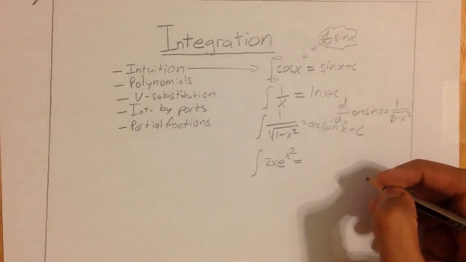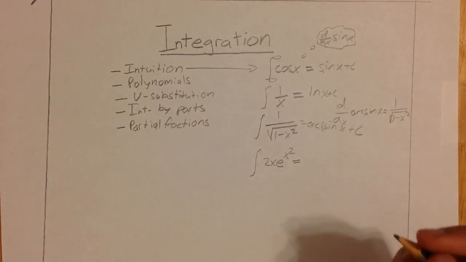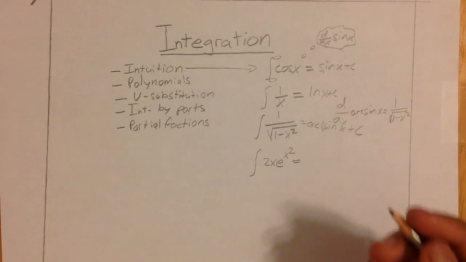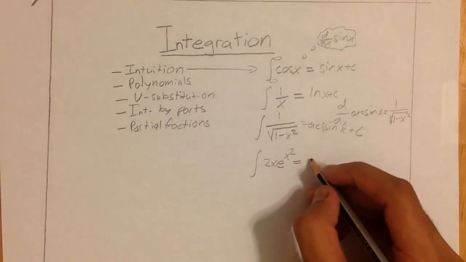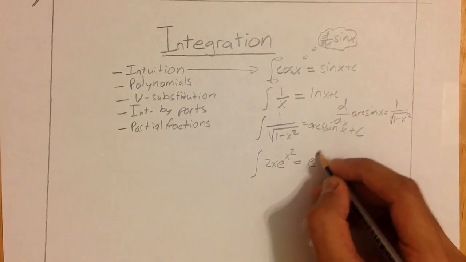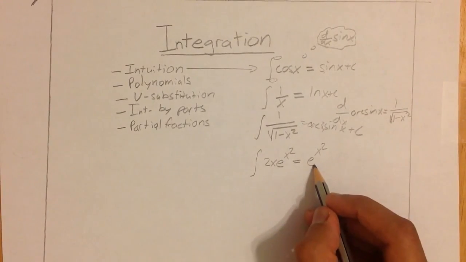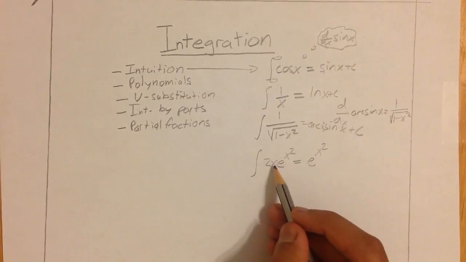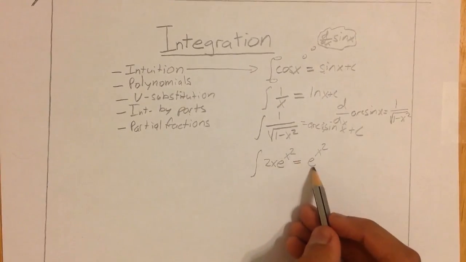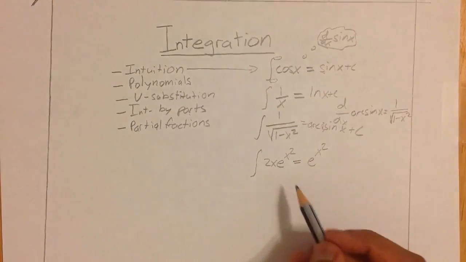So if you think about which derivative will give 2x e to the x squared, you can realize that the derivative of e to the x squared is equal to 2x e to the x squared. So the integral of 2x e to the x squared must be e to the x squared.